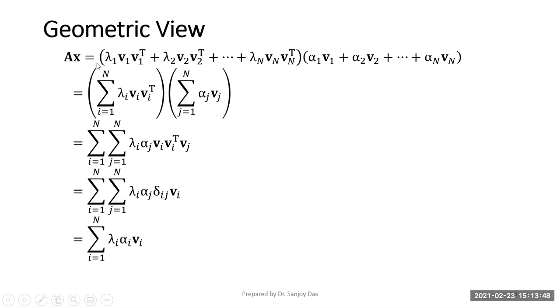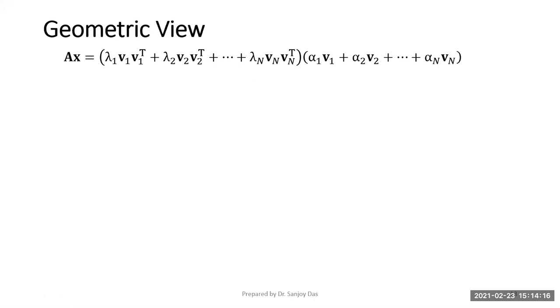If the coefficients of X are alpha i, then the coefficients of Ax, the product, are lambda i alpha i. Okay, that's an important observation. So Ax is given by the summation i equals 1 through n, lambda i alpha i Vi.